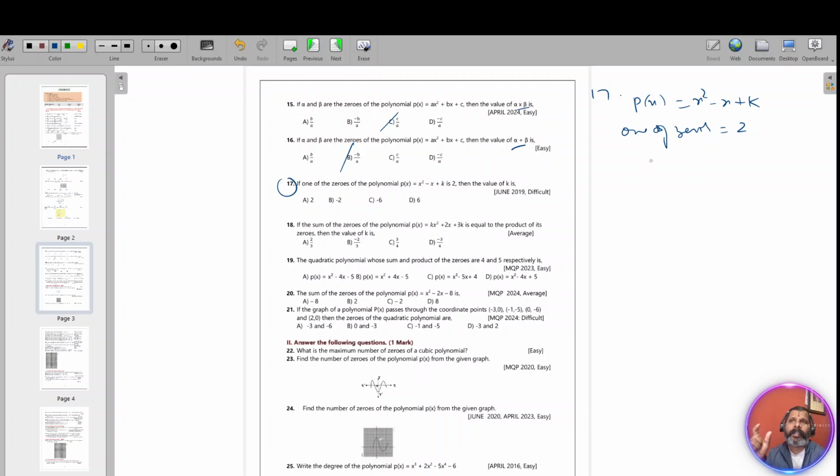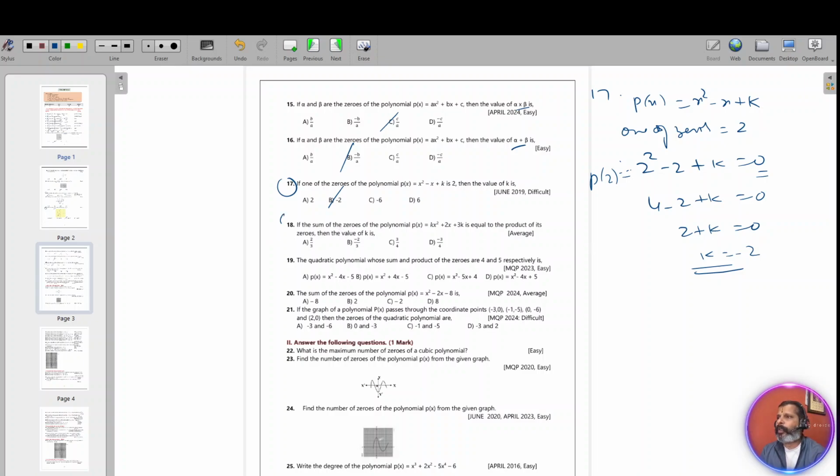One of the zeros means on substituting 2 in x, you should get 0 as the answer by remainder theorem, which was studied in the 10th standard. So 4 minus 2 plus k equal to 0, 2 plus k equal to 0, k equal to minus 2.